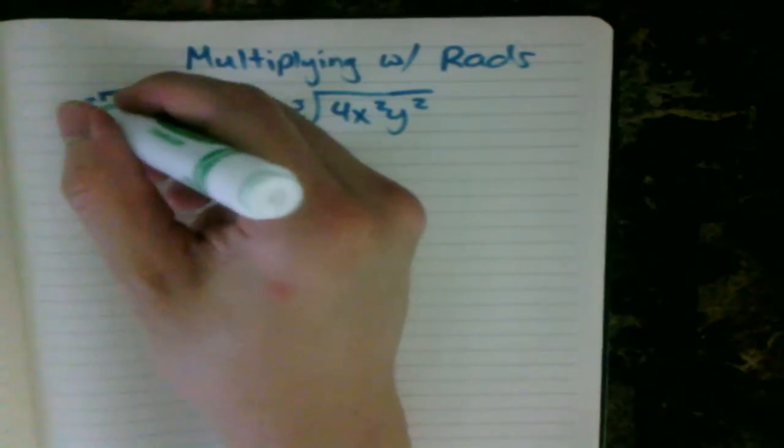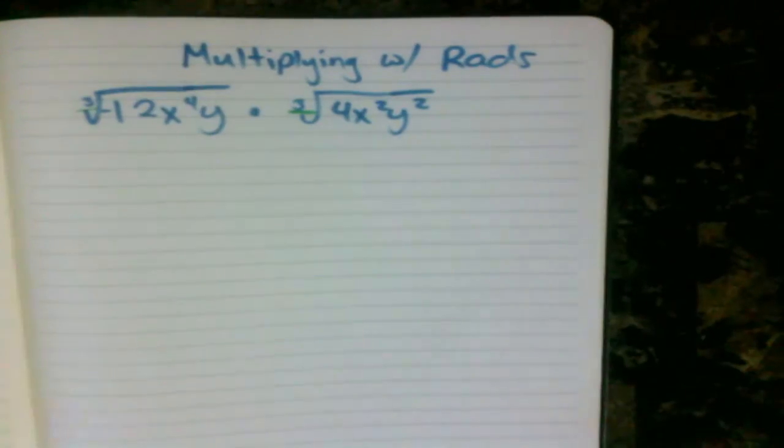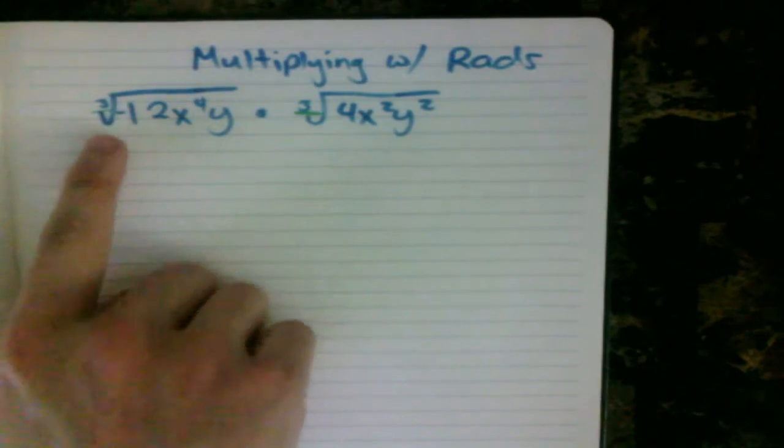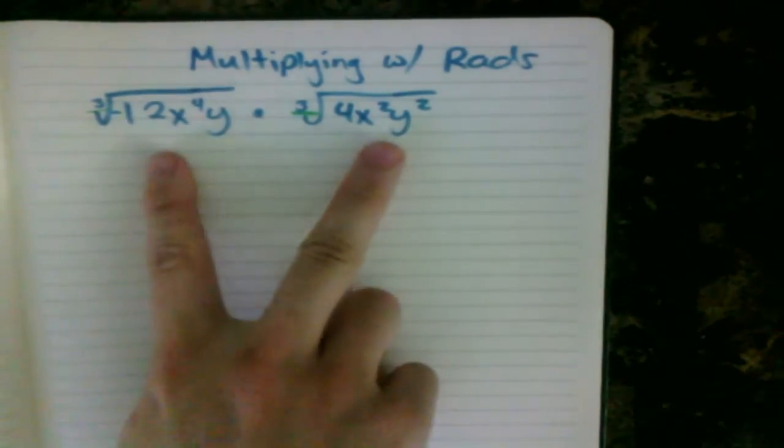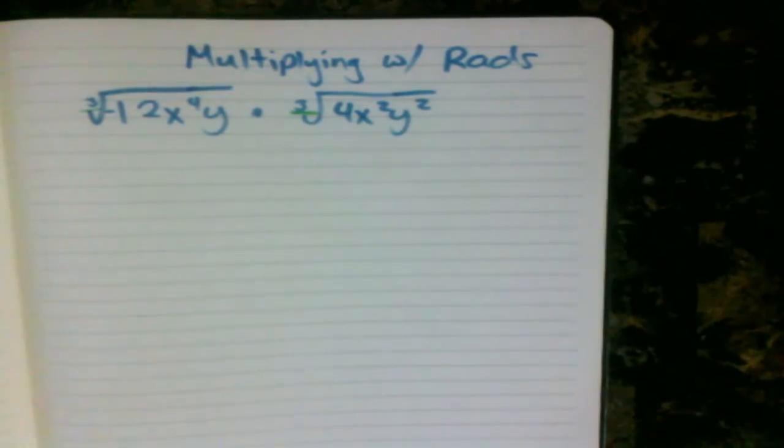So you'll notice that we have a cubed root and a cubed root. So this is a-okay. If this were a cubed root and a fifth root or something like that, then this problem would be fairly different. It's not like it's impossible, just more complex. Because they're the same index like this, we can just multiply what's underneath them really easily.